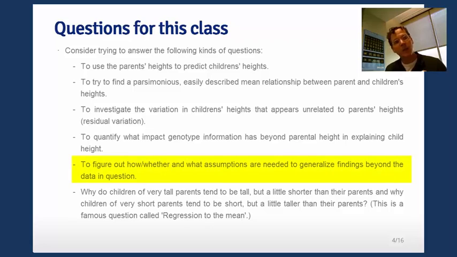And then very importantly, we're going to connect this back to the subject of inference. How do we take our data, which is just a sample, it only talks about that data set, and try to figure out what assumptions are needed to extrapolate it to a larger population.